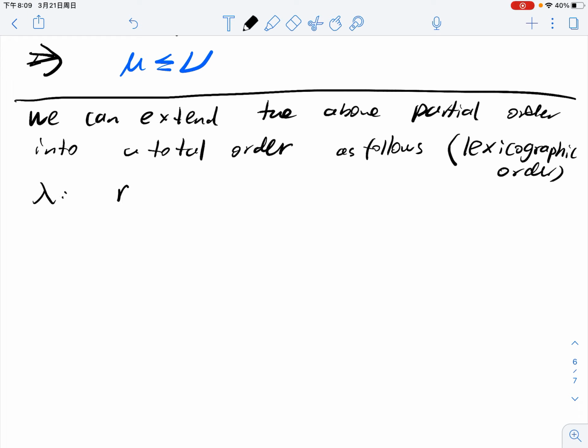So suppose you have two partitions arranged in decreasing order.